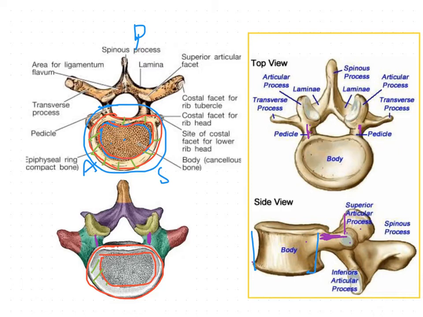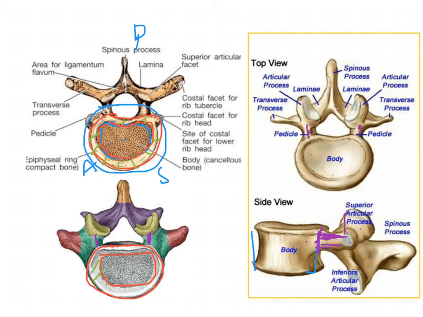This pedicle is mainly attached on the posterior wall of the vertebral body only at the upper end, not at the lower end. Also it is attached in front of the articular processes. So this is about the attachment of the pedicle.